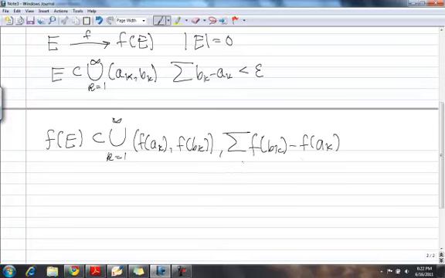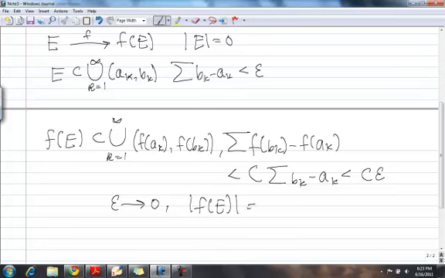But by our Lipschitz bound, that's less than some constant times b_k minus a_k, which is going to be less than that constant times epsilon. Since epsilon can be arbitrarily small, if I send epsilon to 0, I observe that the measure of f(E) is still 0. So that's problem number 3 solved for you.